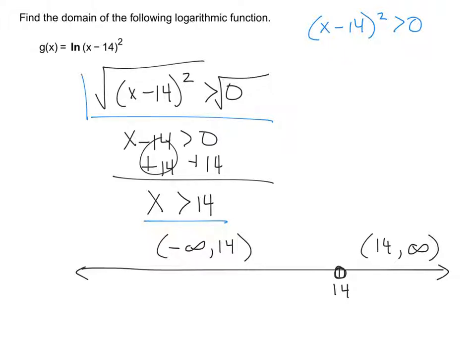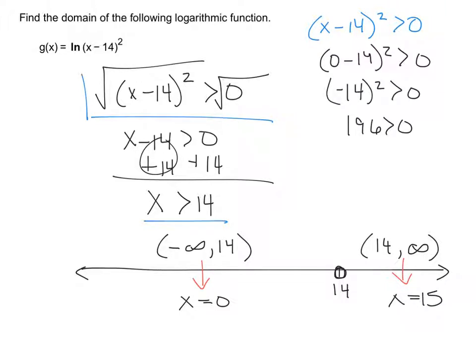For the first interval, I'm going to choose x equals 0 to test. And then for my second interval, I'm going to choose x equals 15 to check. When I check x equals 0, I get 196 is greater than 0.